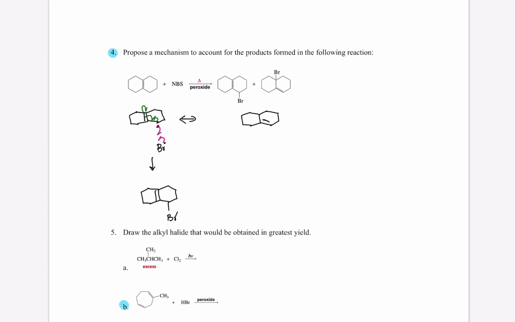So here is the new pi bond that's been created, and you have a new radical here. Now the bromine radical can come together with a carbon to form the bond. So this would lead to this product.